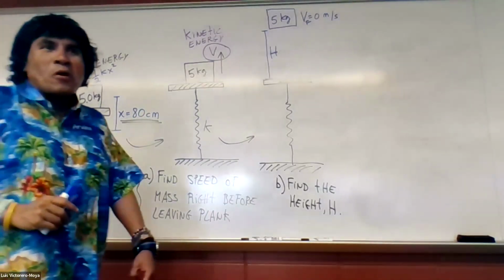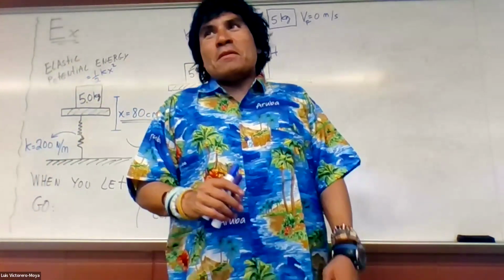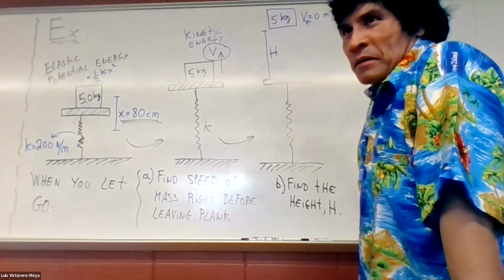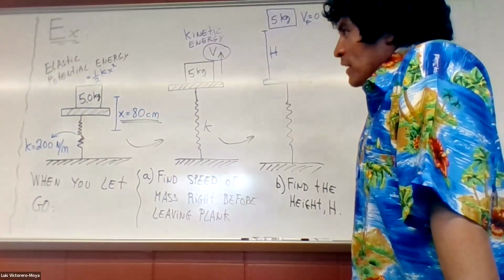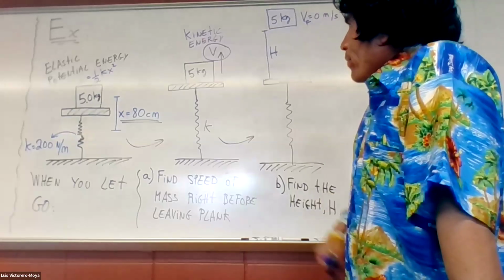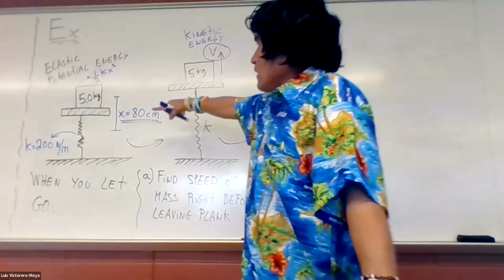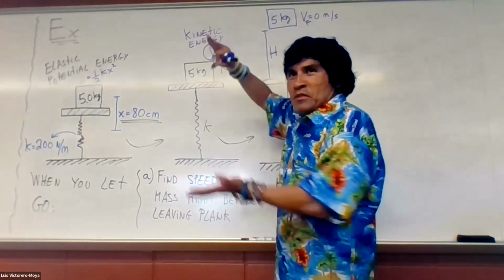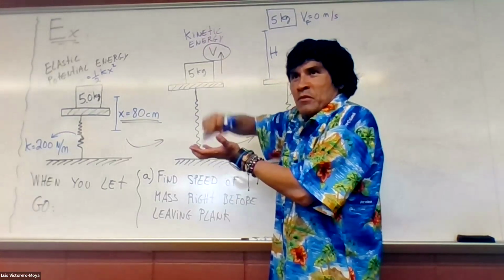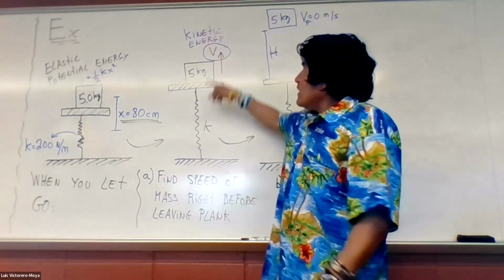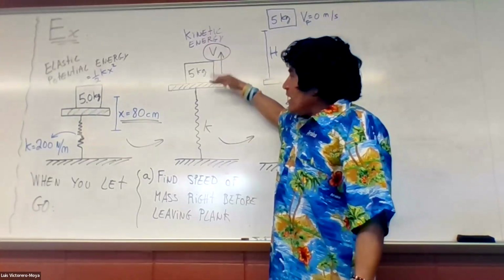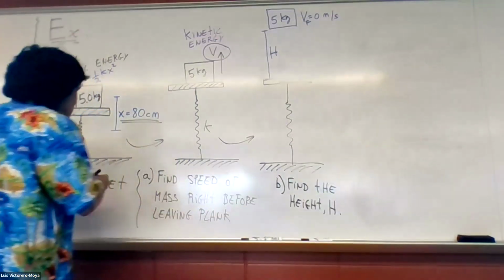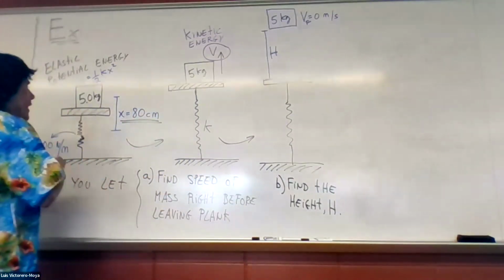Now, let's be more picky about this. You could ignore it, but I'm not gonna, because it's 80 centimeters. The mass was at this level. It went up 80 centimeters, right? Because it was attached to a spring, so it went up. Besides kinetic energy, it also gained some potential energy due to gravity. You need to draw a reference here.